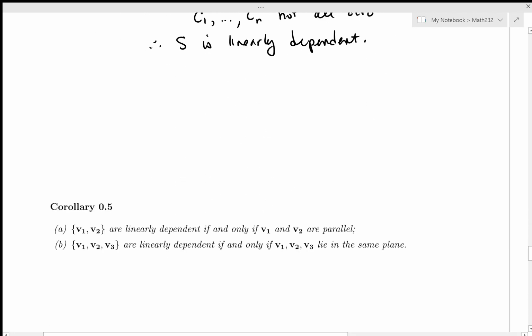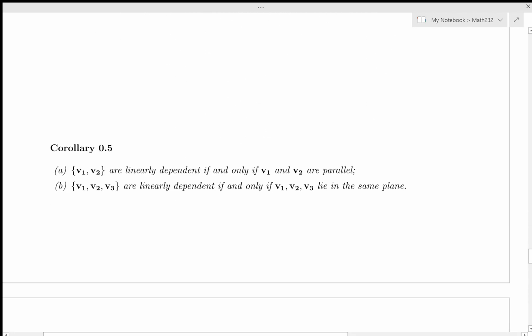Okay, so here's a corollary of this. 2 vectors are linearly independent if and only if they're parallel, and 3 vectors are linearly dependent. Did I say independent? I'm going to read it again just in case I accidentally did. These 2 vectors are linearly dependent if and only if they're parallel, and that's for the 2 vectors.